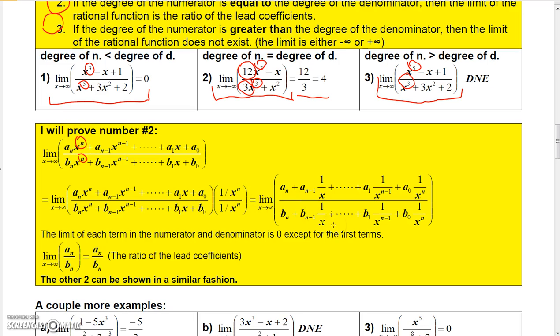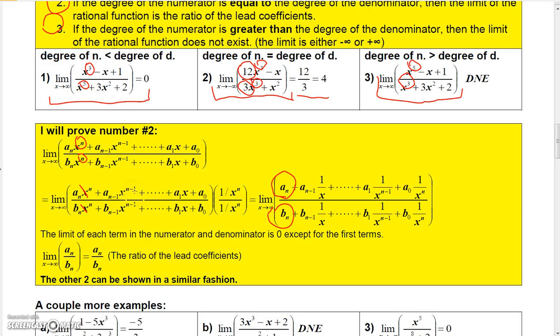So if I were to multiply both of these polynomials by 1 over x to the n, what's going to happen is when you multiply the first terms, the x to the n's just cancel, and you're just going to get the coefficient of the first polynomial and the coefficient of the second polynomial.